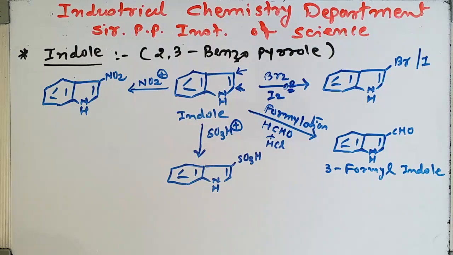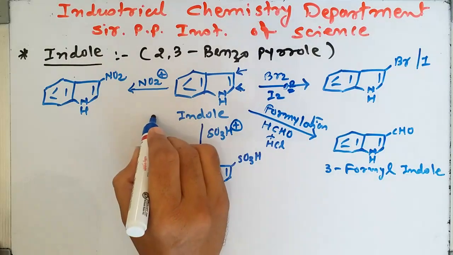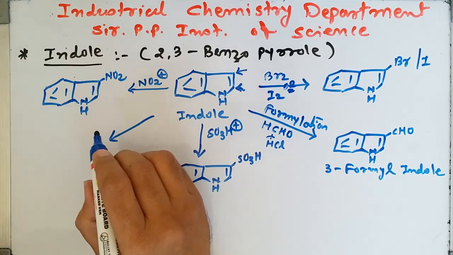So these are the basic reactions of indole. Indole undergoes many reactions and gives the product gramine, which is known as a Mannich base. So we see one more important chemical property.